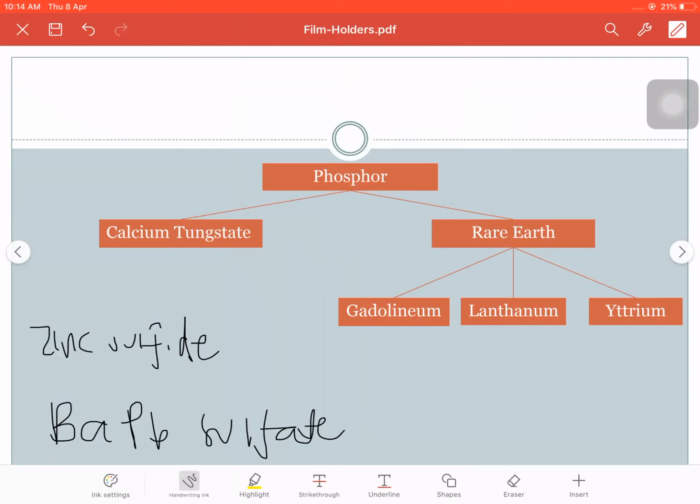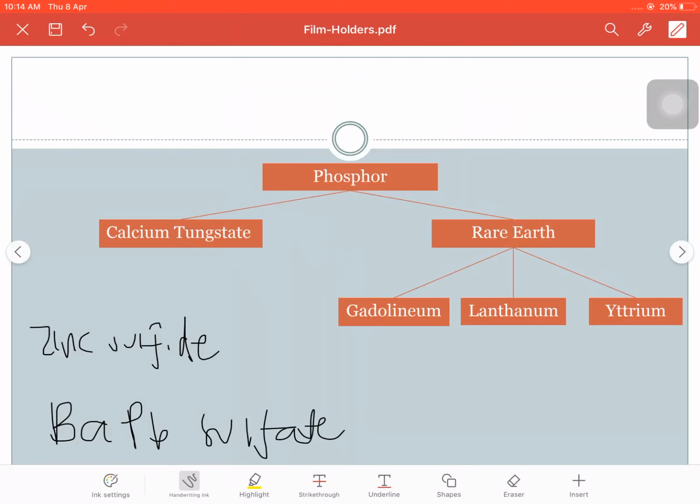The rare earth screens are faster than calcium tungstate. The use of rare earth screens results in lower patient dose, less thermal stress on the X-ray tube, and reduced shielding for X-ray beams. For our rare earth, we have gadolinium, lanthanum, and yttrium.